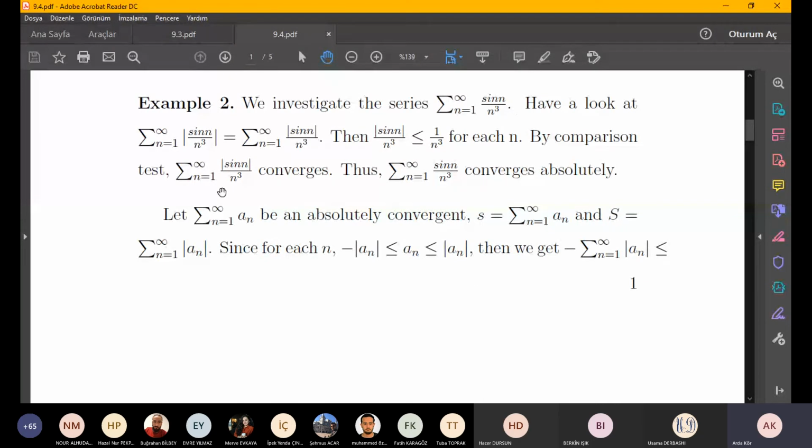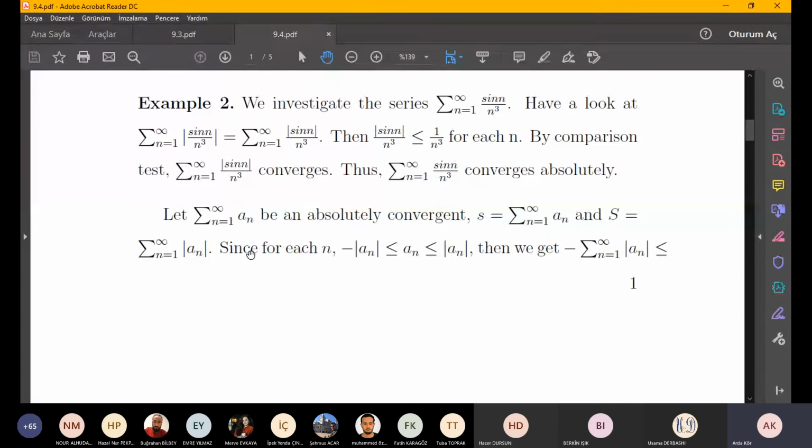Again, taking the absolute value of sin n over n cubed, we have the inequality that the absolute value of sin n over n cubed is smaller than or equal to 1 over n cubed for each n.